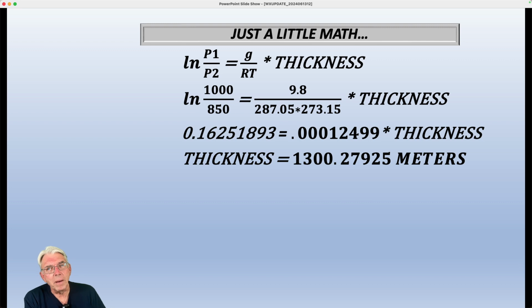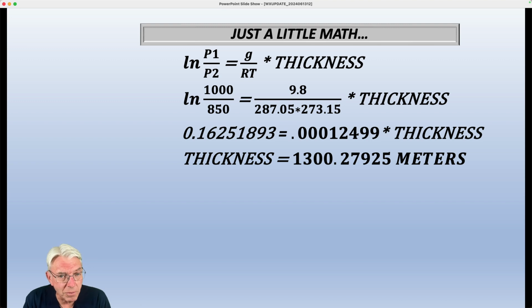Now, in the past, I have actually gone through the derivation to get to this equation. I'm not going to do that today. But basically, what this equation says is that the natural log of pressure surface 1 to pressure surface 2, and in this case, it's going to be 1,000 millibars P1, and P2 is going to be 850 millibars, is equal to the gravitational constant, which is the rate at which objects accelerate as they fall toward the Earth due to gravity.